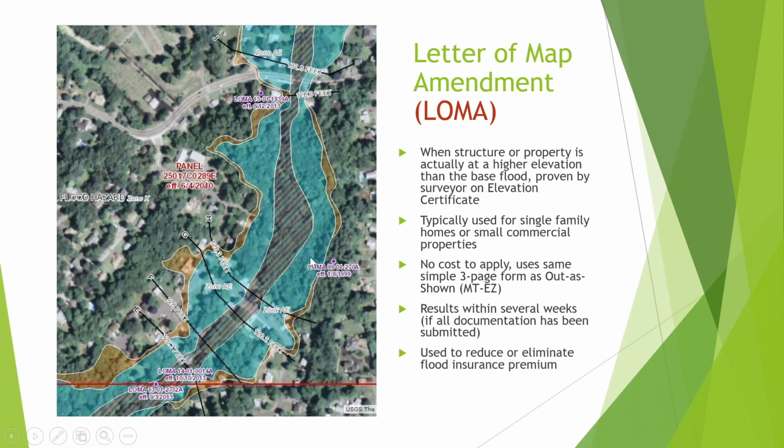The blue is the 1% chance floodplain, including the floodway. And then the orange is the 500-year floodplain. And this property may well be out as shown, as is possibly this property. But these two don't look like they're out of the floodplain at all. As a matter of fact, this one looks like it's actually in the floodway.